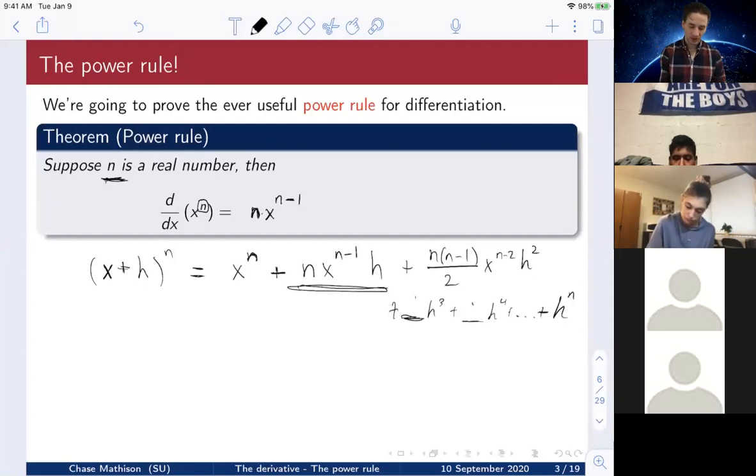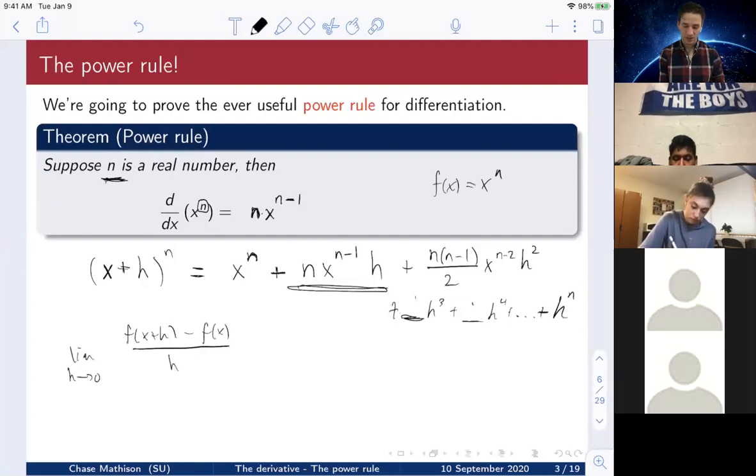So if we want to show that the limit as h approaches 0 of, I'll call f of x equals x to the n here, of f of x plus h minus f of x, all divided by h, exists, then that limit is the derivative with respect to x of x to the n.